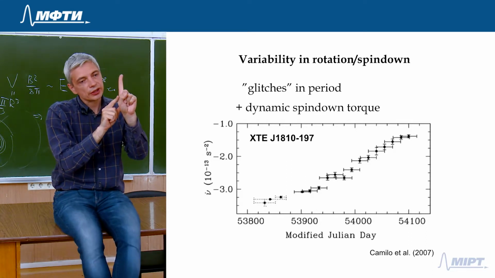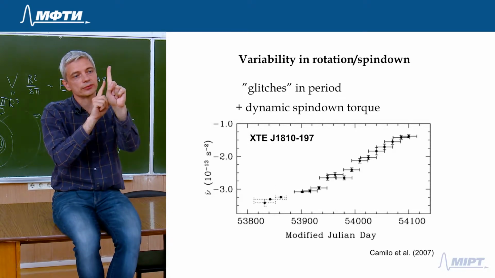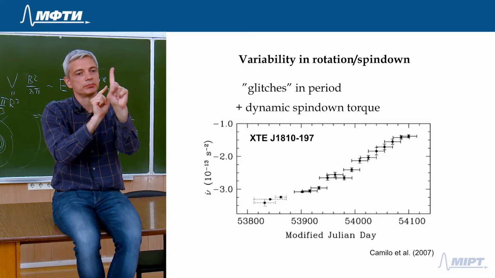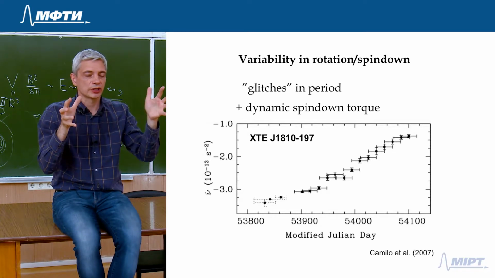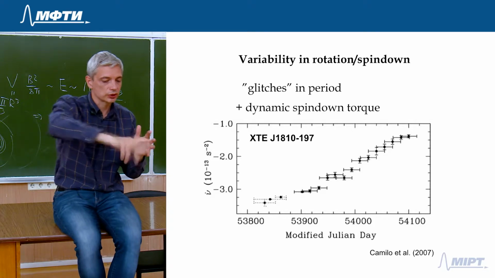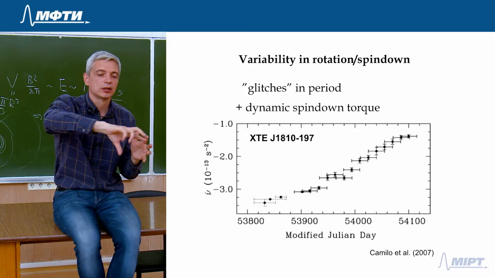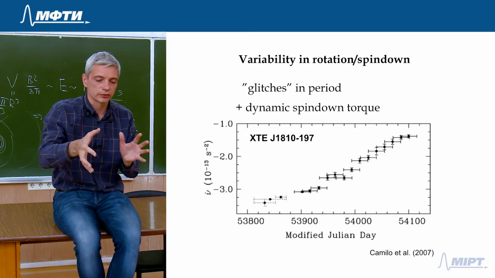And so these vortices tend to pin on the lattice. Boom, like little magnets. They interact with the lattice sites and they get pinned to it. Now, if you think of the effect that comes from that interaction, it is that as the star spins down, because there is this magnetospheric torque applied to it, it is spun down gradually. So the crust begins to rotate slower and slower, and the core as well.